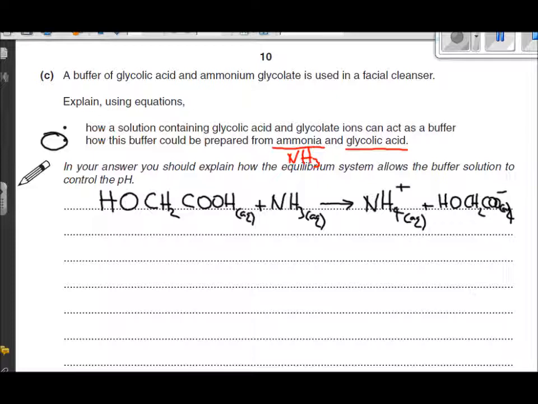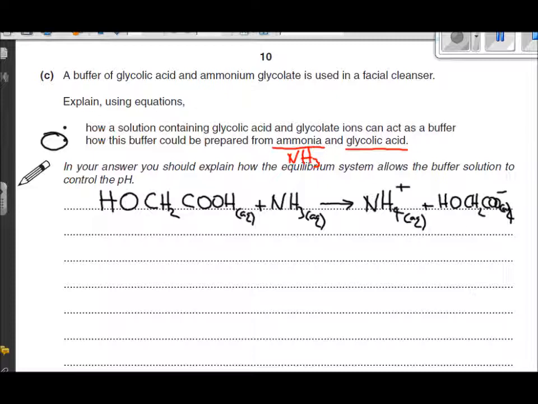So reacting the two together will form the ammonium salt, ammonium glycolate. Now, how are we going to produce a buffer using that reaction? You should recall that the buffer requires a mixture of a weak acid and the conjugate base of that acid, or the conjugate base being a salt of that weak acid.